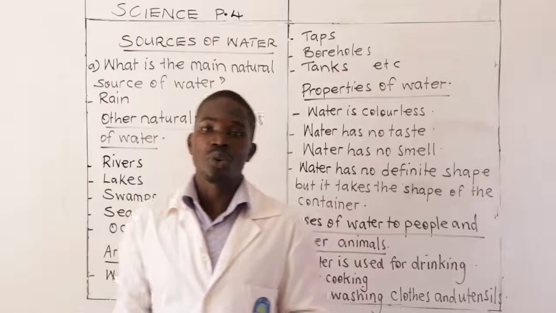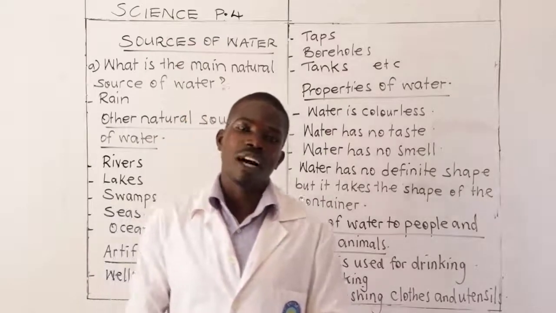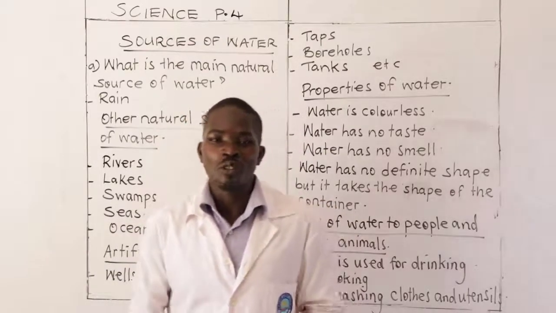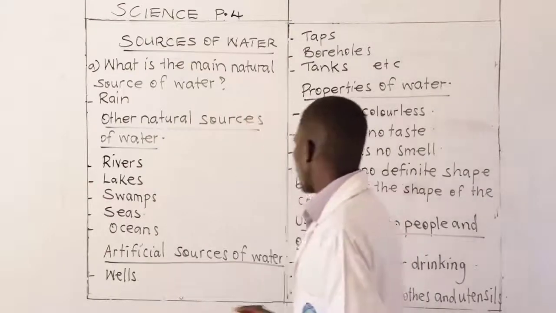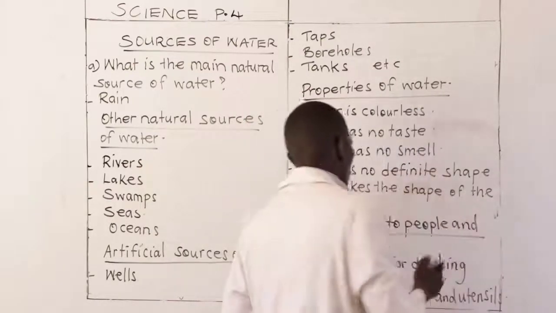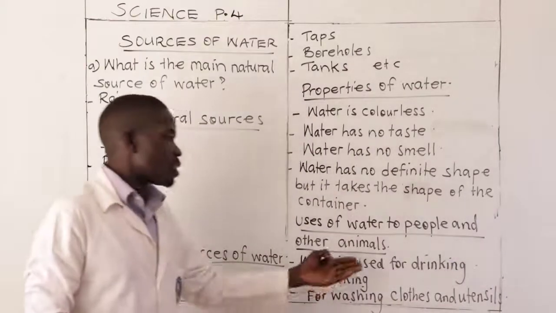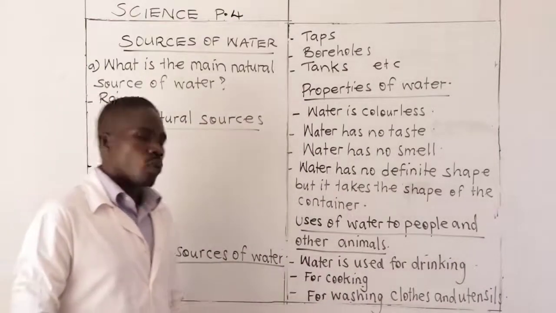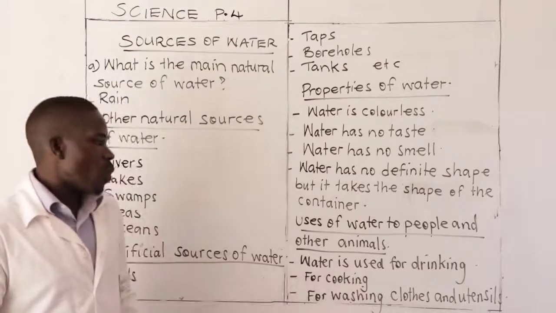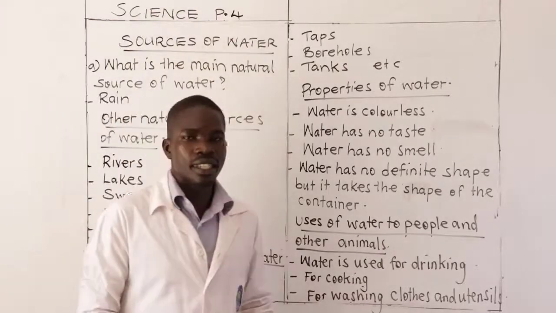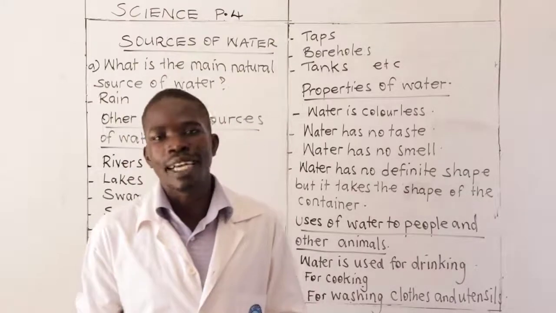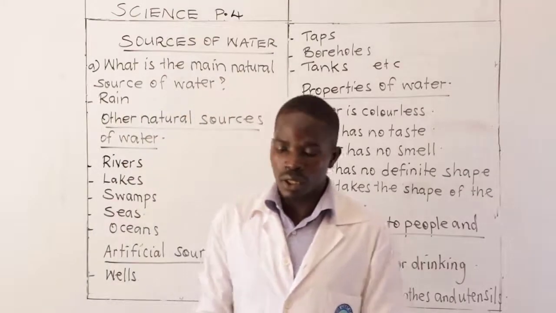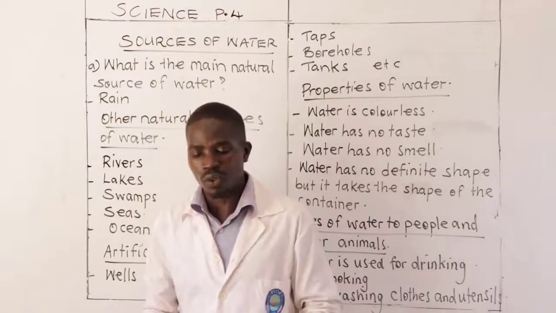Like when they ask you, what is the habitat of a fish? The habitat of a fish is water. So water has great uses to people and other animals. Water is used for drinking, for cooking, for washing clothes and utensils, and water is a habitat of some animals. Those are some of the uses of water.